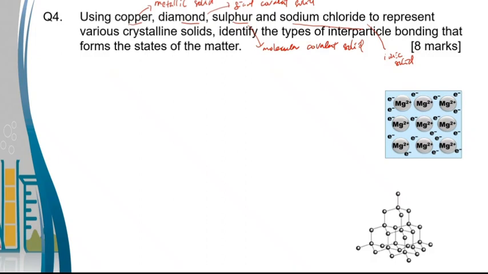So in copper, I have given you the wrong diagram here. So copper, it should be copper. This is the diagram of the electron sea model of copper ion.